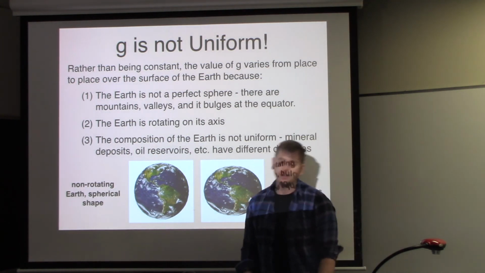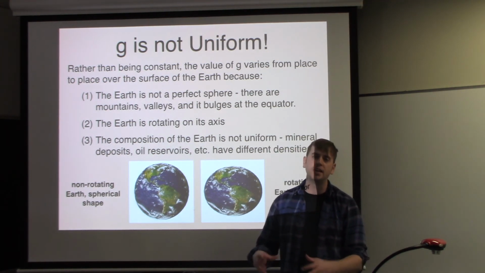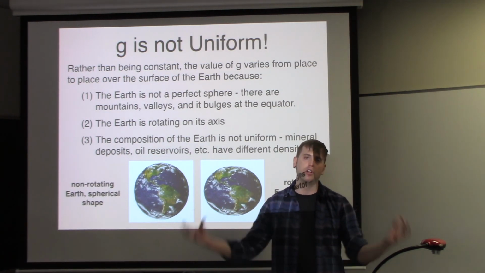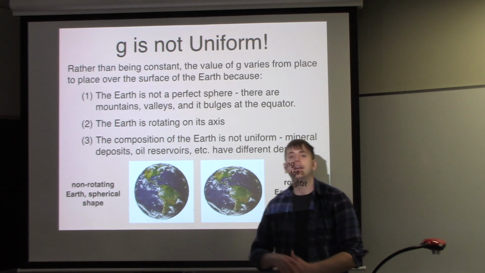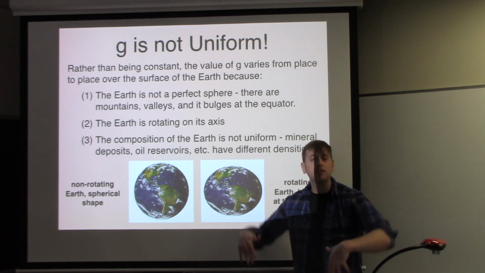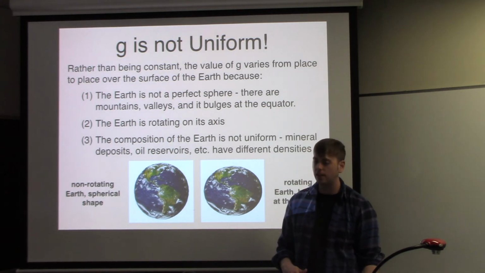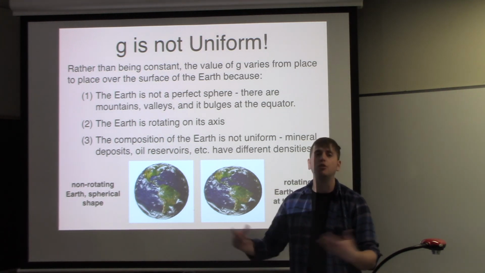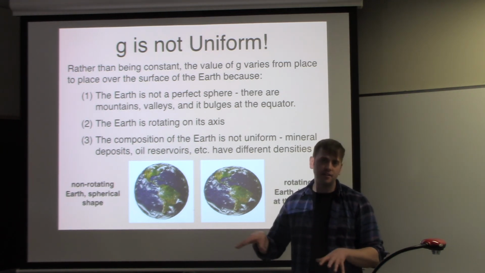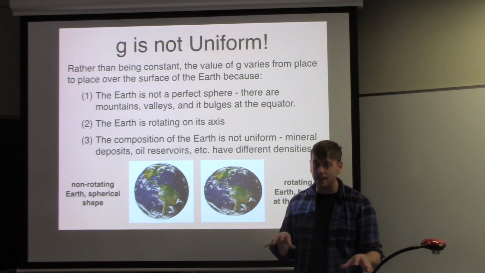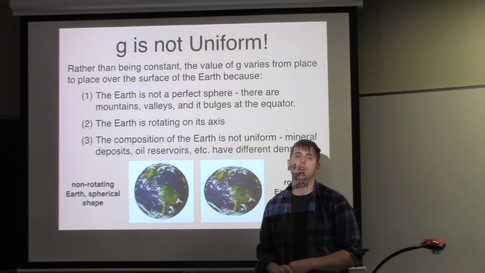Meaning, it's not like the Earth is just made out of one substance all over. We have oceans, we have land, and even if you dig into the Earth, you may see that there's a mineral deposit or an oil deposit beneath your feet. These things can have different densities, which leads to slight changes in the strength of gravity from place to place.